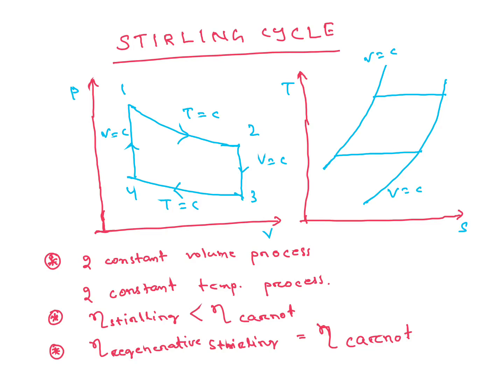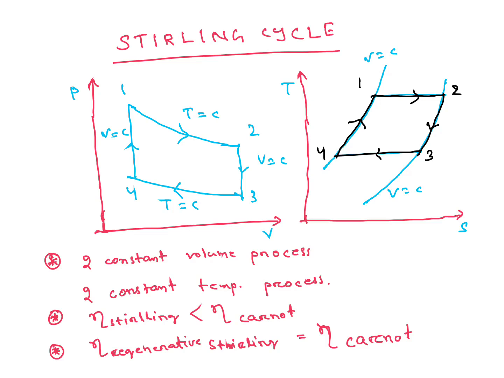TS diagram. One to two isothermal, 2 to 3 constant volume, 3 to 4 isothermal, 4 to 1 constant volume.